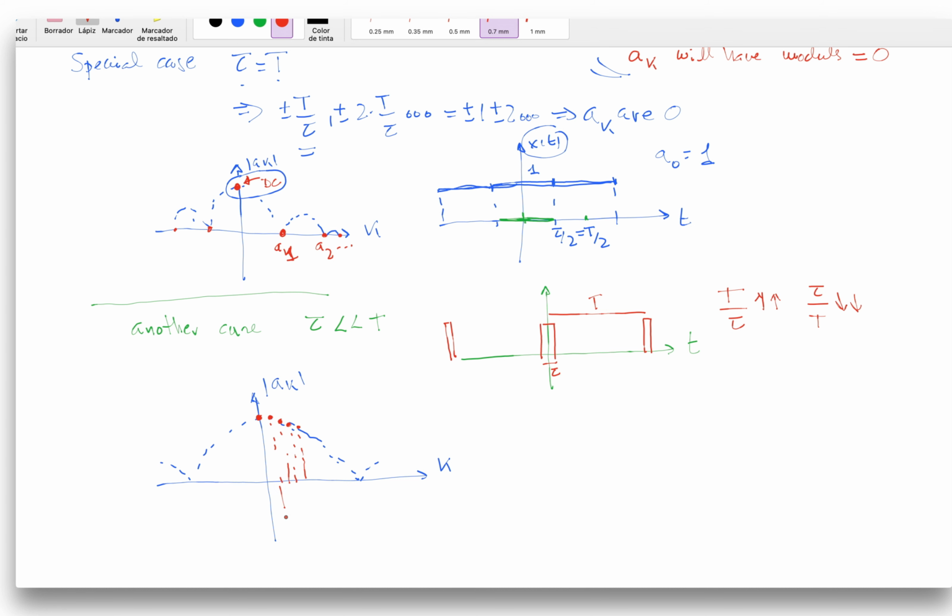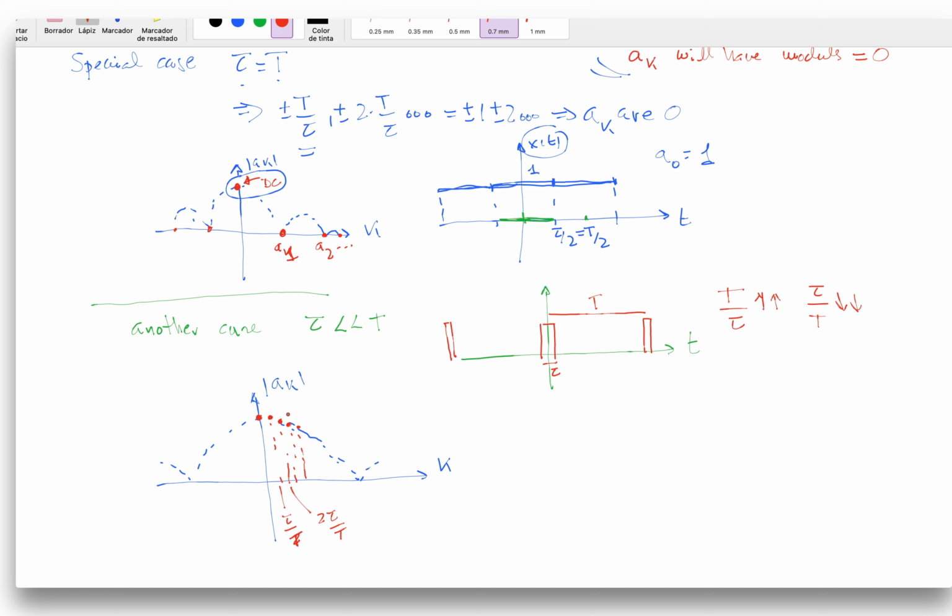So this one could be, for example, the coefficient which is in k equal to T divided by tau. This could be the coefficient of 2 times T divided by tau.